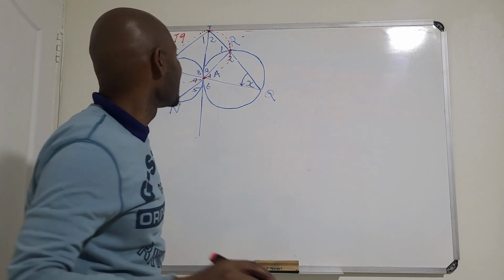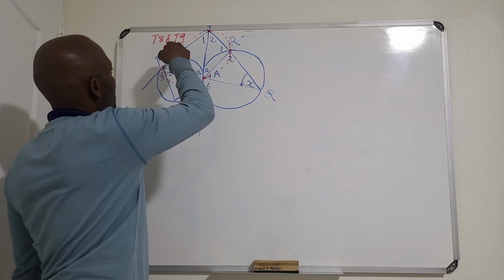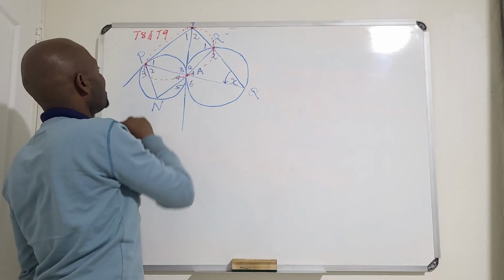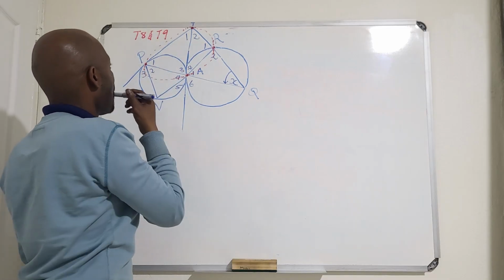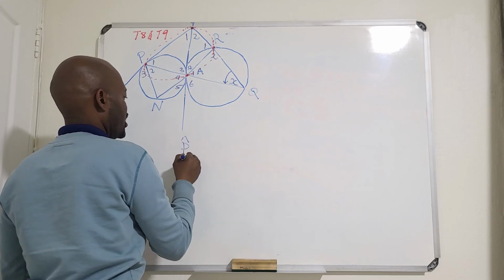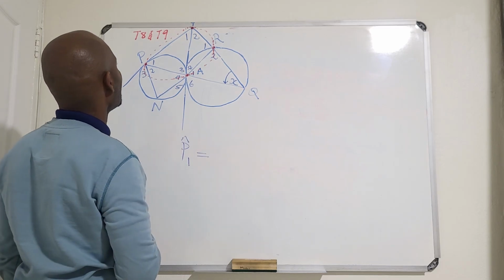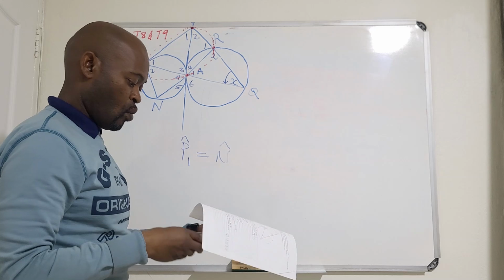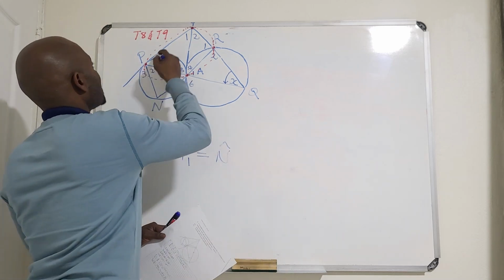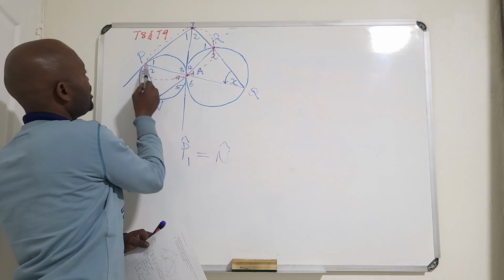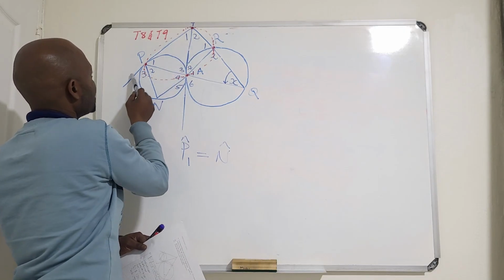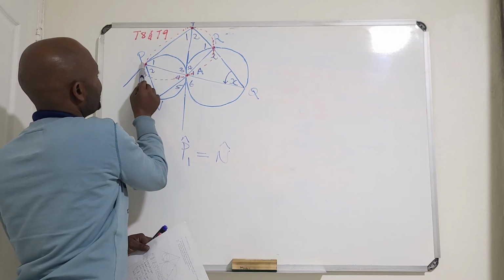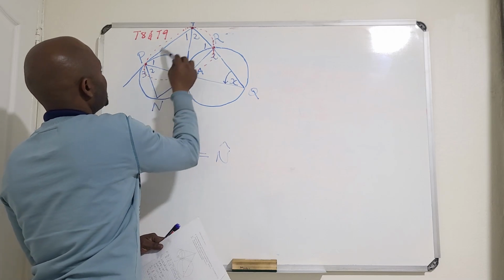Now, I can start by saying angle P1 is equal to angle N. Why is that? This angle is made by the chord and this tangent.